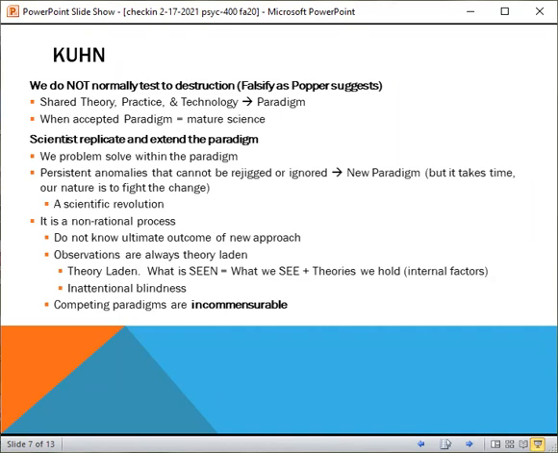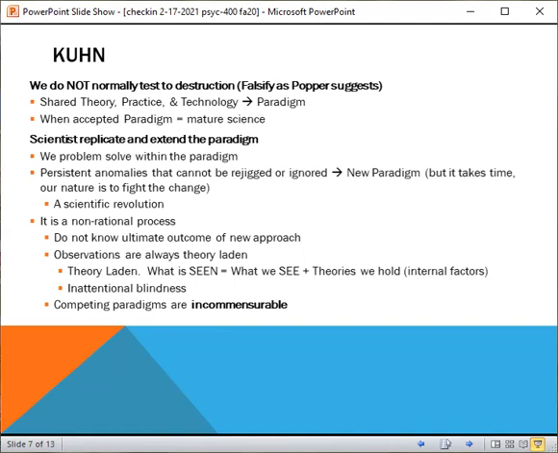So in this case, what we're seeing is a group of people who share a paradigm. They have a shared theory of how to explain things, how to observe things. They have a practice, so how you conduct research. What should you be doing in this research? What technology and tools do you employ? So when you have all that type of stuff shared by a group, they share a particular paradigm for how science gets done.